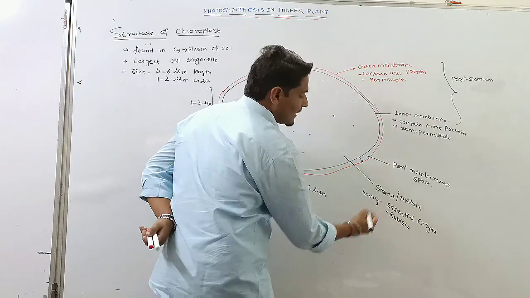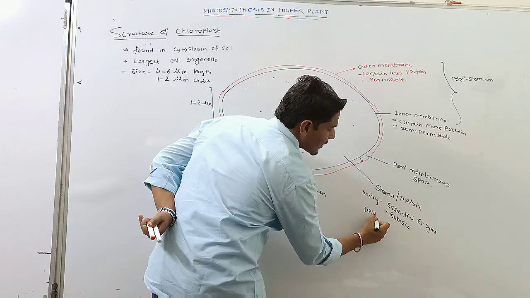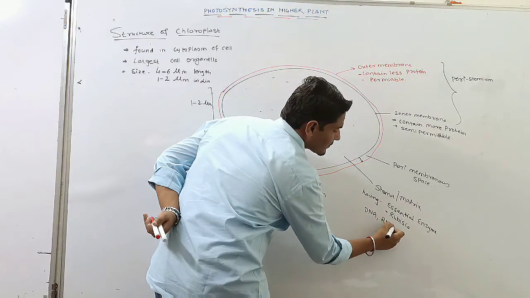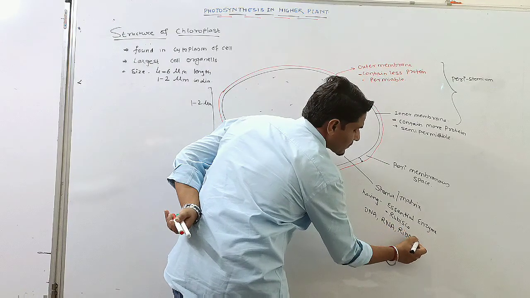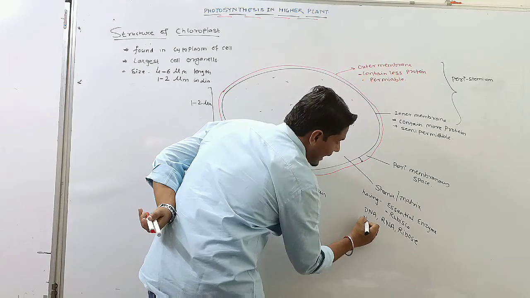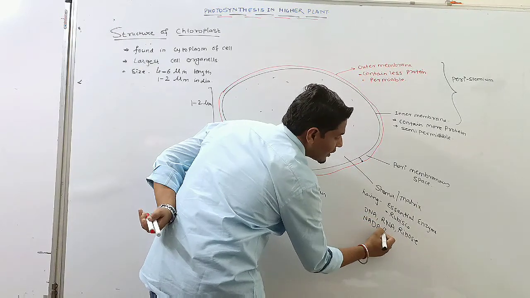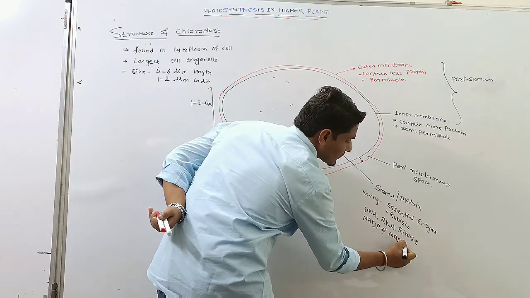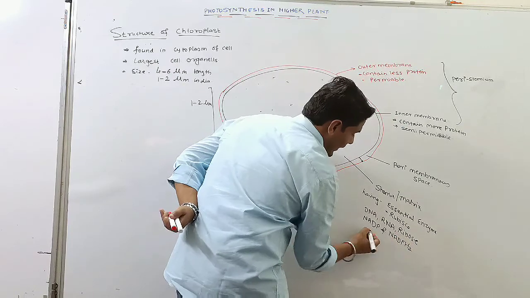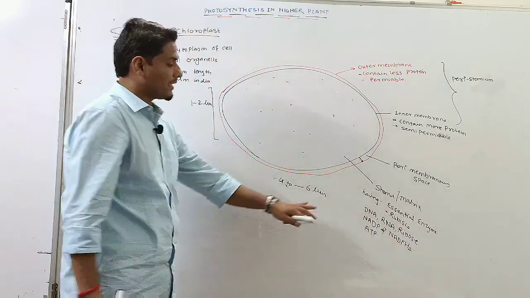Okay, and in the stroma DNA, RNA, NADP and its reducing form NADPH2, and ATP are present.